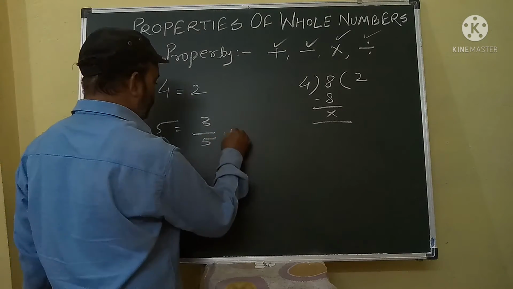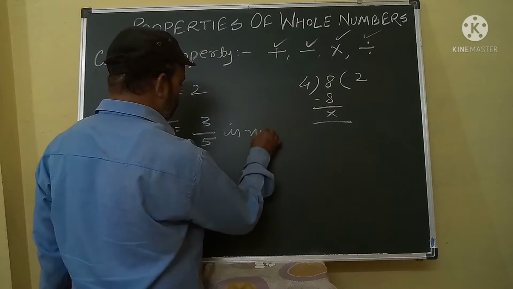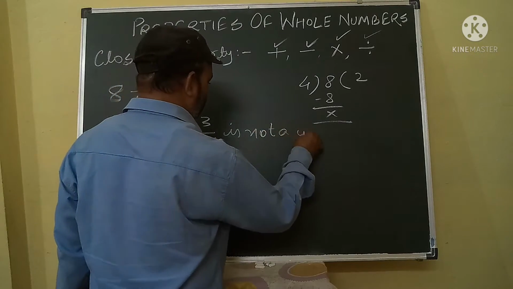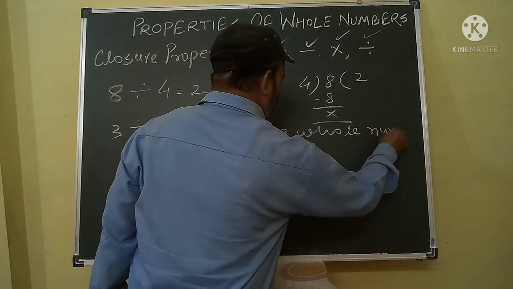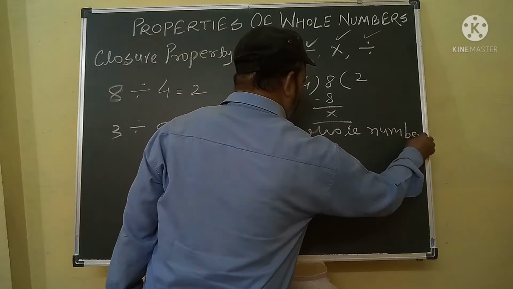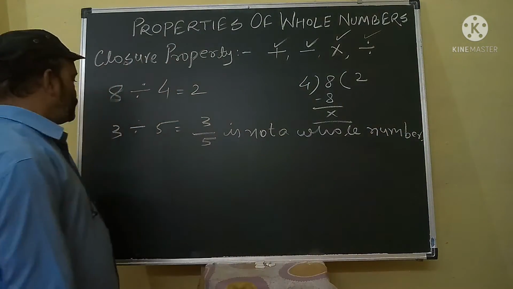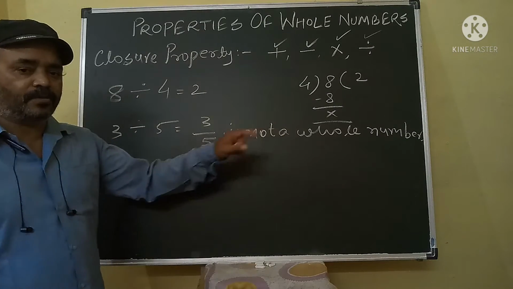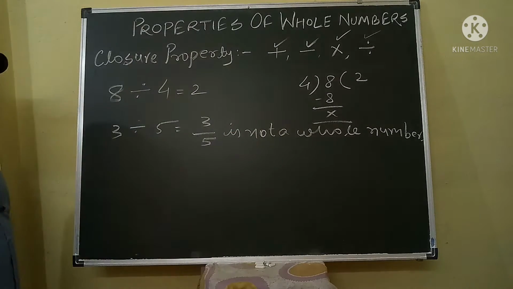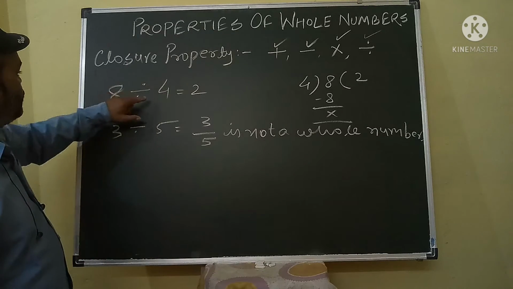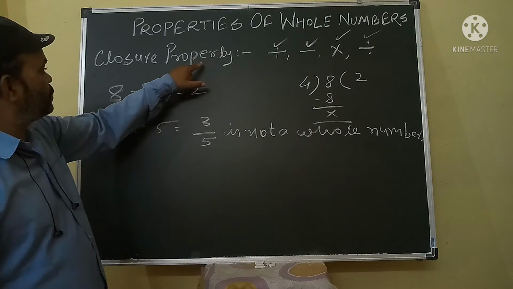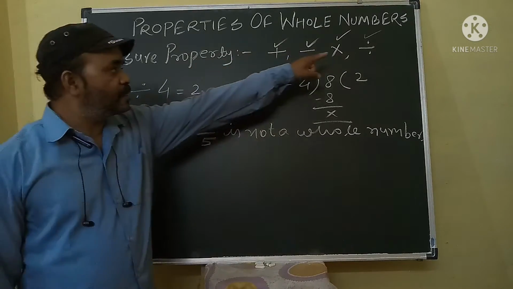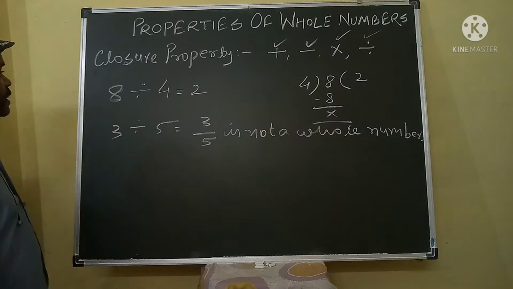3 upon 5 is not a whole number. So what is the main conclusion?